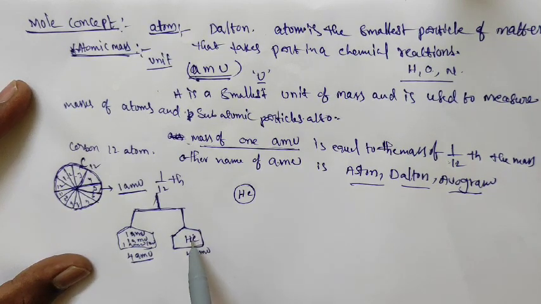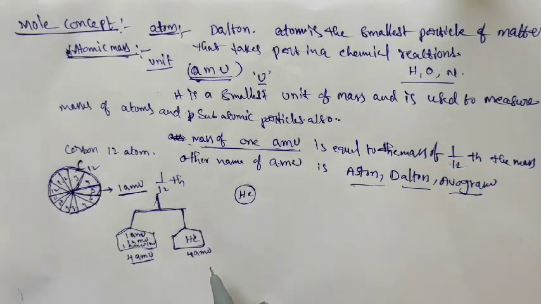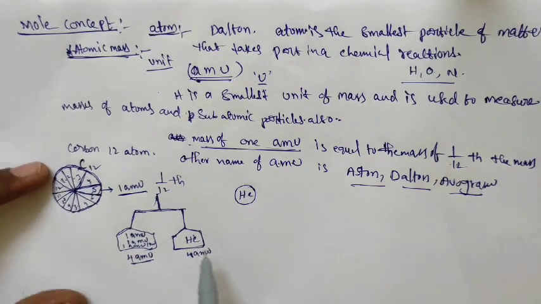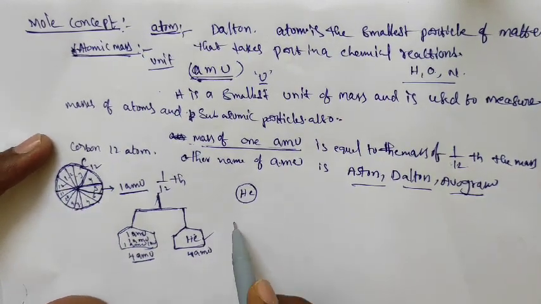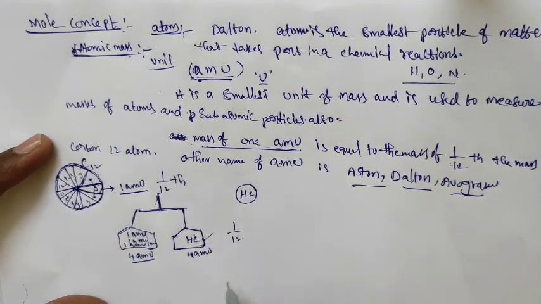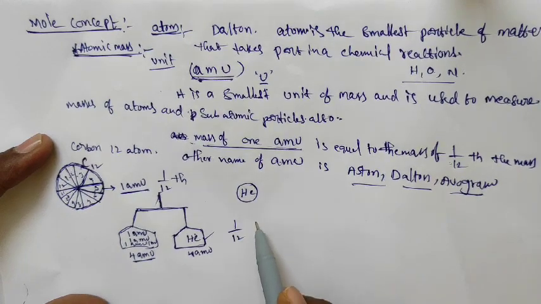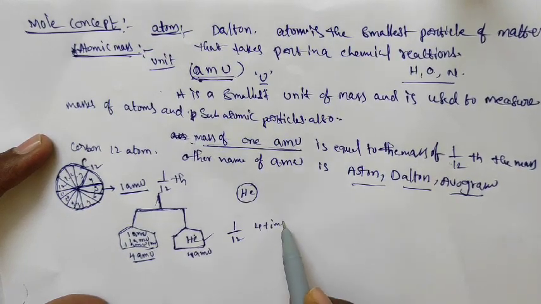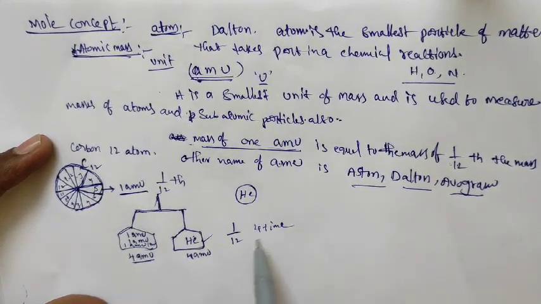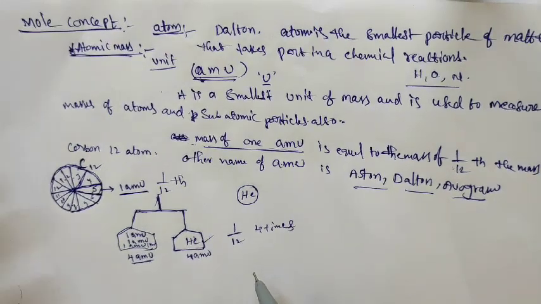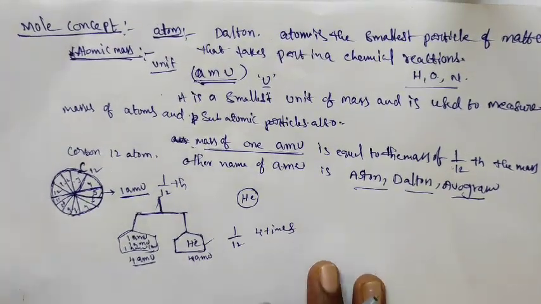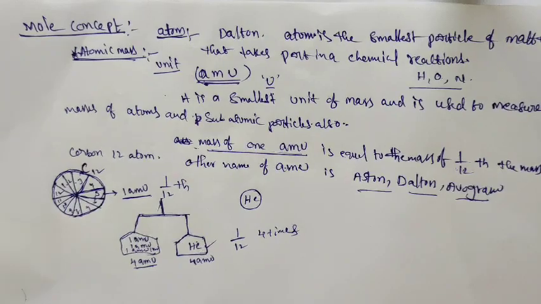How many times heavier is it than 1/12th part of carbon? 4 times heavier than 1 AMU. So this is the atomic mass unit calculation.